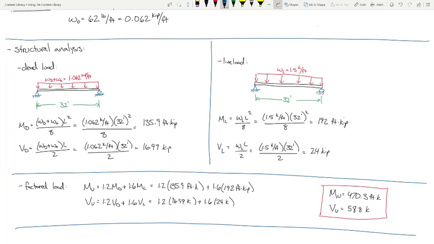What if I have a simply supported beam and a dead load like this, but then a live load like that?